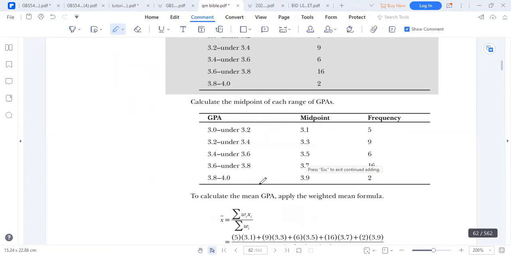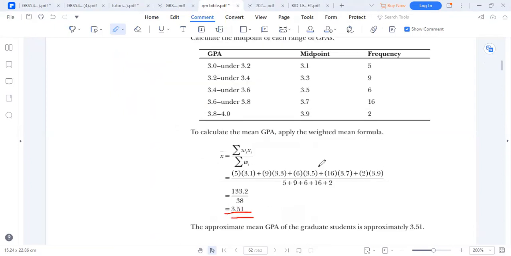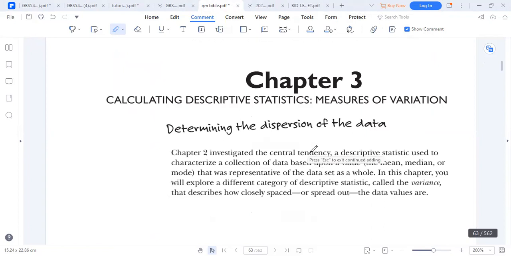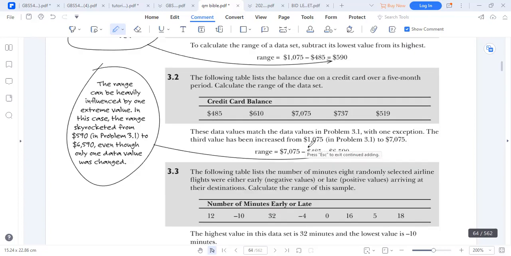Multiply by the frequency, sum the fx, divided by n. So is there anyone behind in calculating the mean using grouped data?